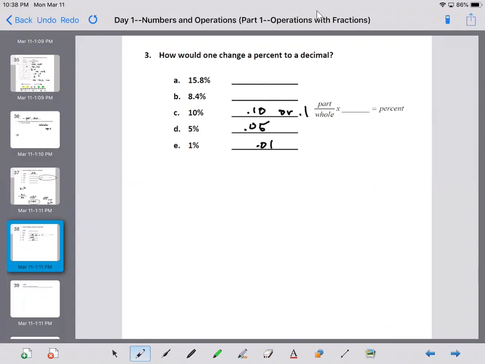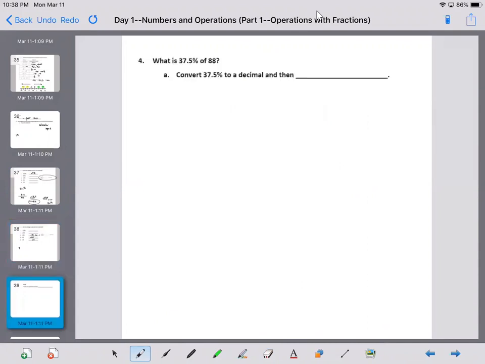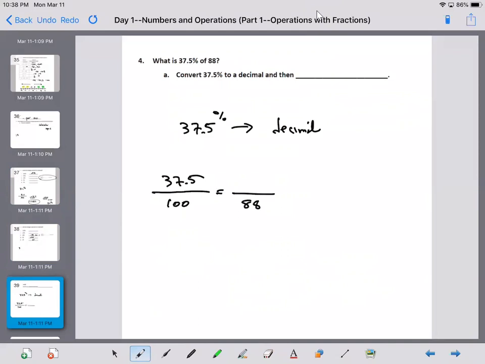All right, so let's look at the next one here. If I want to convert 37 5/10% to a decimal. So if I want to find this 37 5/10% of 88, I know that the percentage is out of 100, so I could look at a proportion.